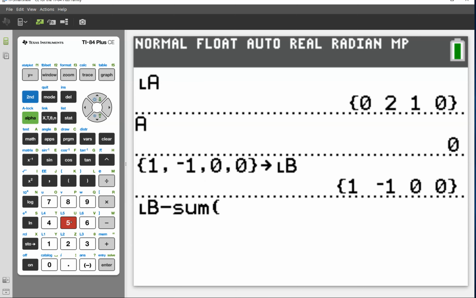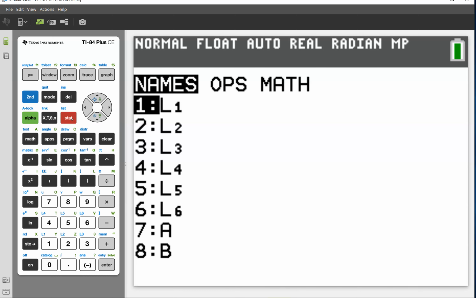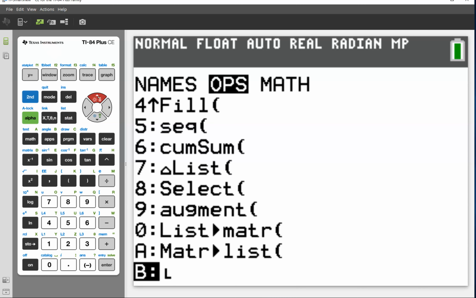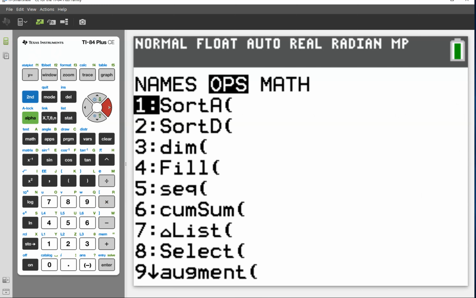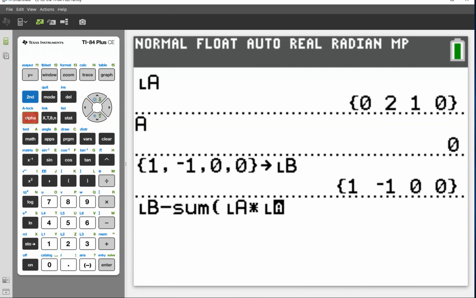So that's part of your inner product, right? Adding the products together. So what do I want to add together? I want to take the A times the B. So do second list A and multiply it by list B. So when I say multiply two lists together, it does it component-wise.